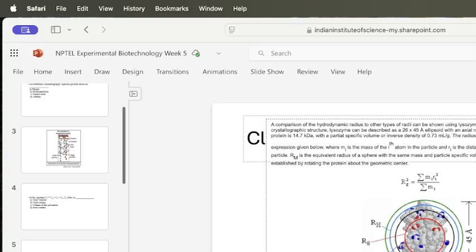Now, you have a center of mass that is at the origin of the protein, the middlemost point.